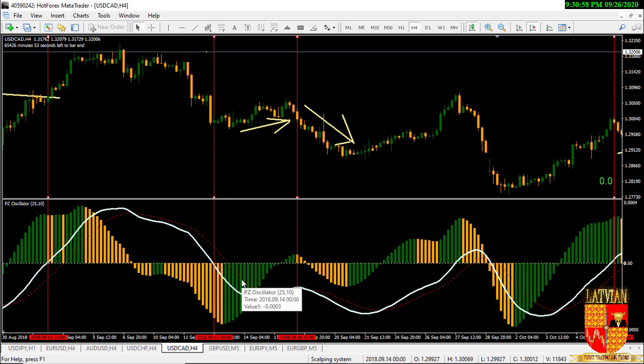If they are green and below the zero line, it is telling you that the downwards momentum is decreasing. And if it's gold, it's telling you that the downwards momentum is increasing. So keep that in mind when you are looking at the entry parameters that we shall be using for our trading system.